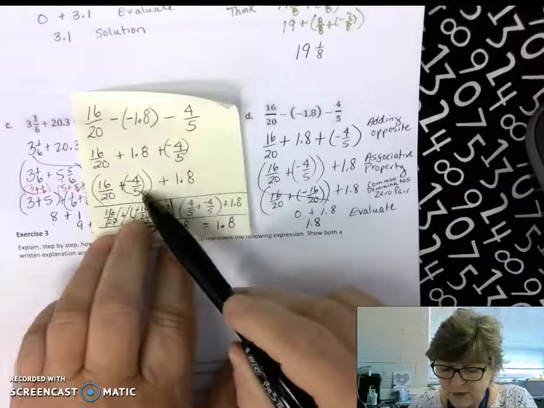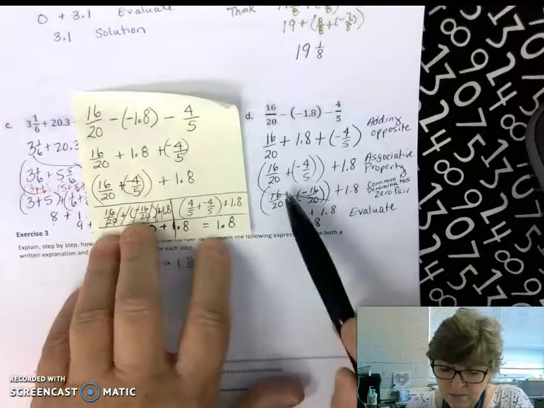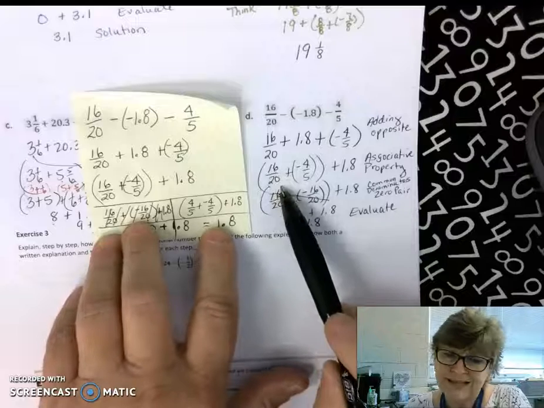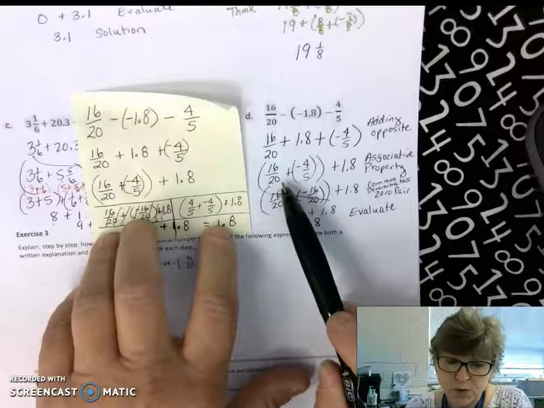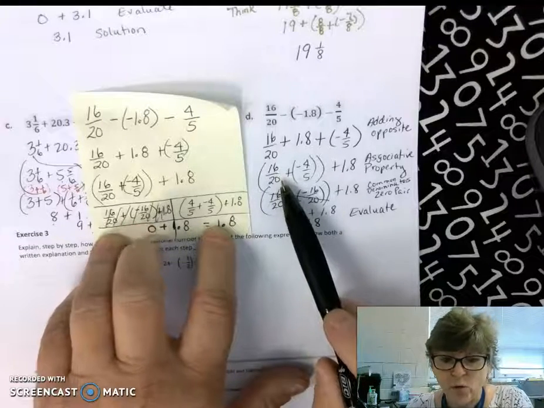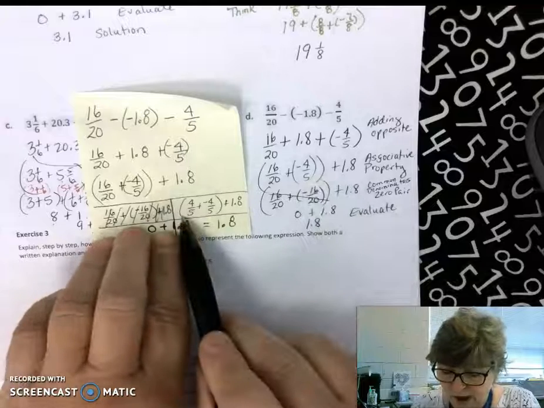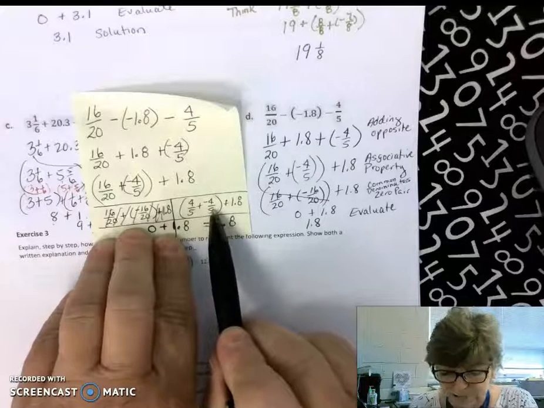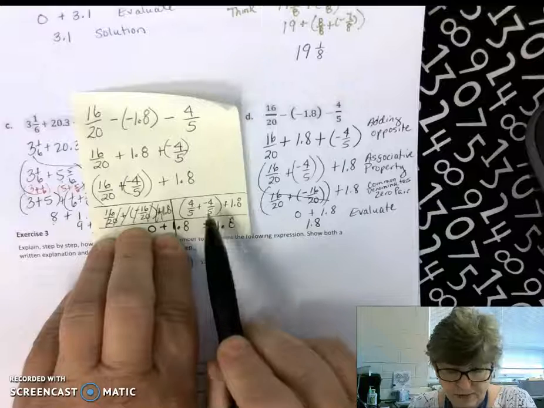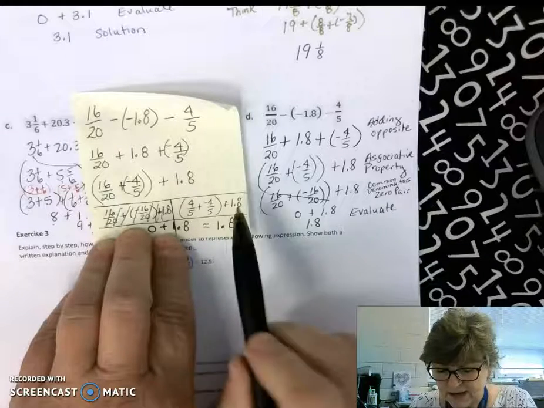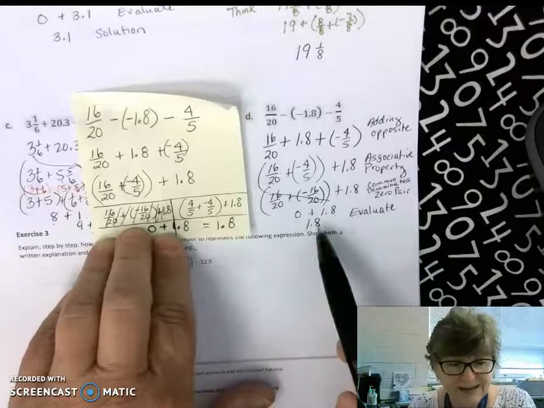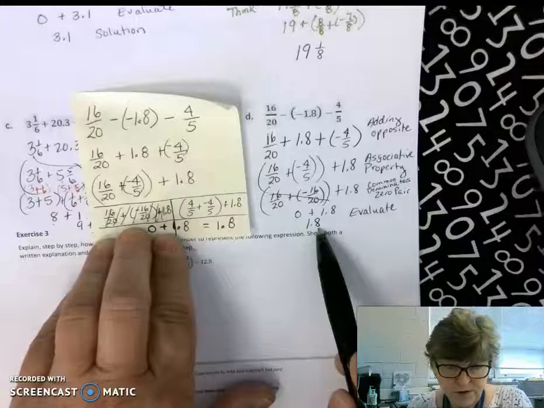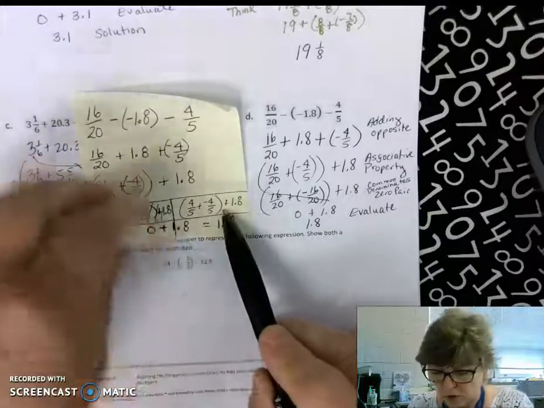But instead of using the denominator of 20, maybe you recognize that 16/20 when reduced is actually 4/5. So you could have actually had 4/5 plus negative 4/5 plus 1 8/10, and then you would have ended up with the exact same result. That's just showing an alternative.